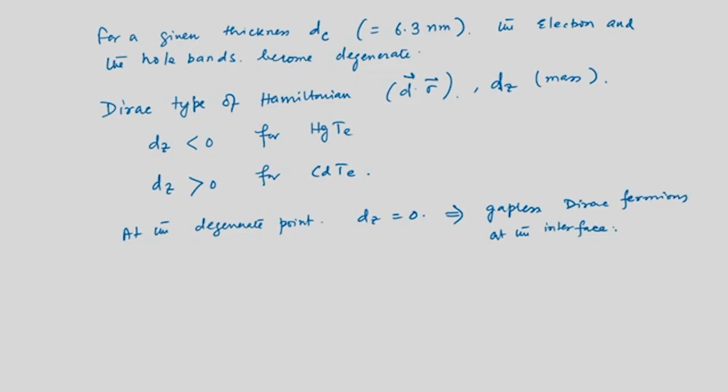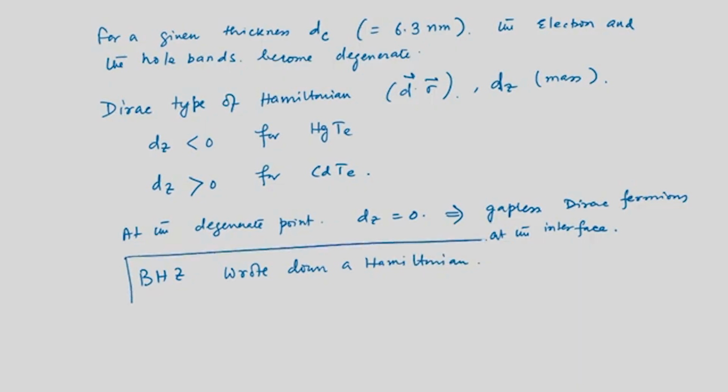So, based on this, BHZ wrote down a Hamiltonian. And this is what we have seen, that 4 by 4 Hamiltonian, which of course has a block diagonal nature comprising the Γ6 and Γ8 levels, which are connected by time reversal symmetry, because this has time reversal symmetry.